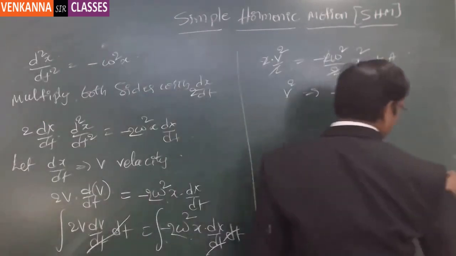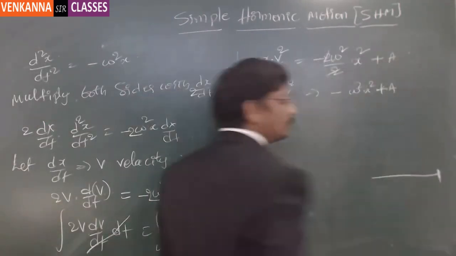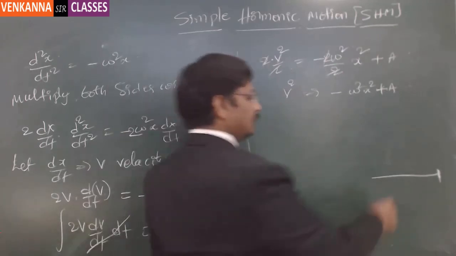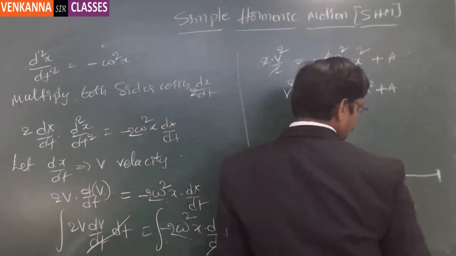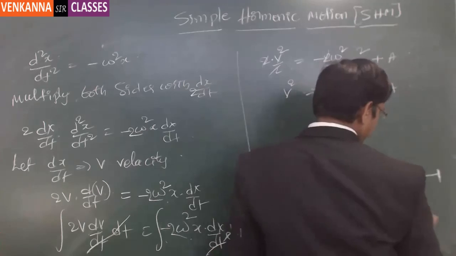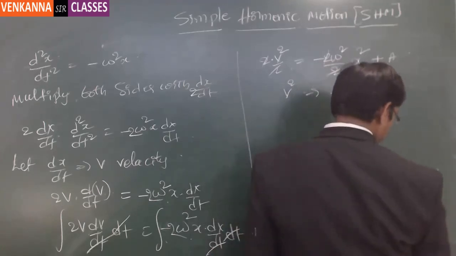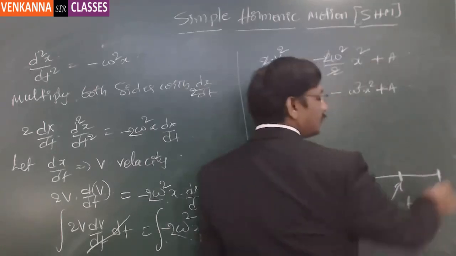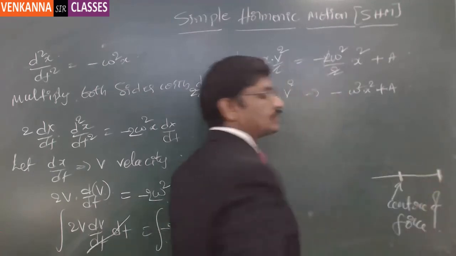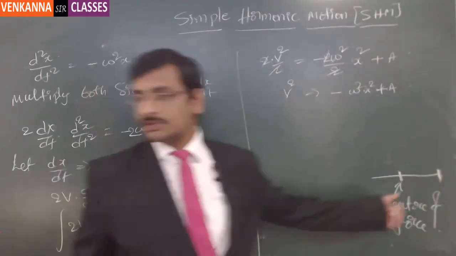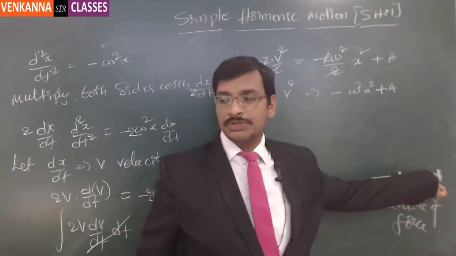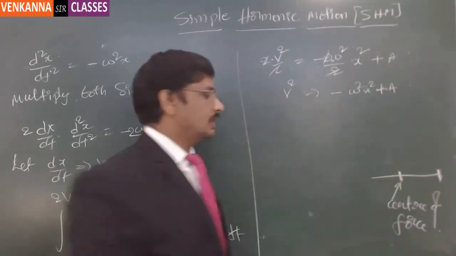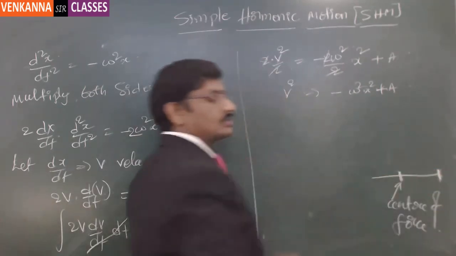The initial conditions are, in the simple harmonic motion, let us say this is the center of the force. The particle started from the extreme position, then only we start with the simple harmonic motion. So it started from the extreme position, and then it will move in this direction, which is the decreasing direction of x.